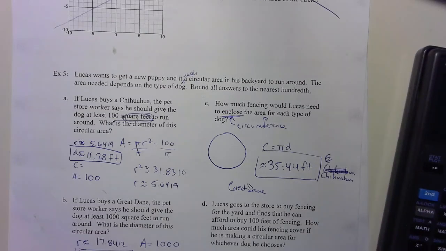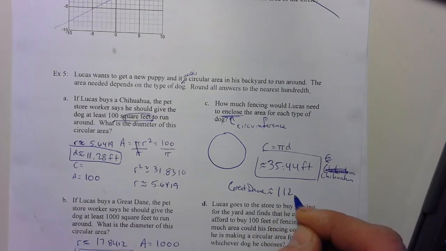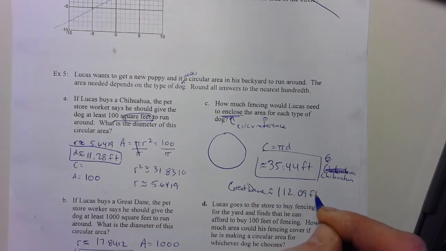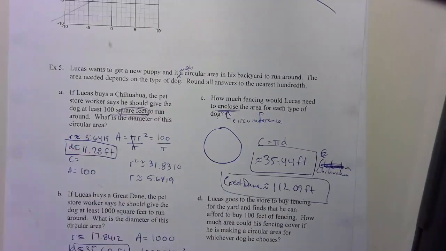The Great Dane will take that 35.68 and multiply it by pi. So we get about 112.09 feet. Those are our two answers, taking each of the diameters and multiplying each one by pi.